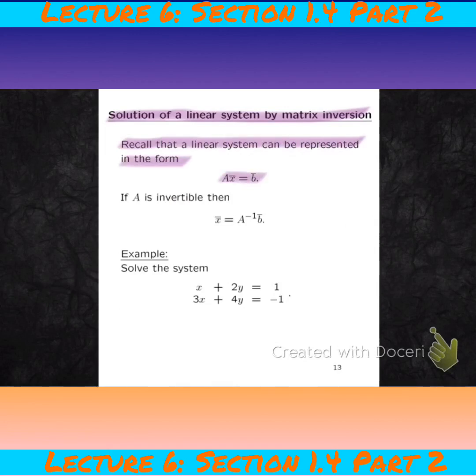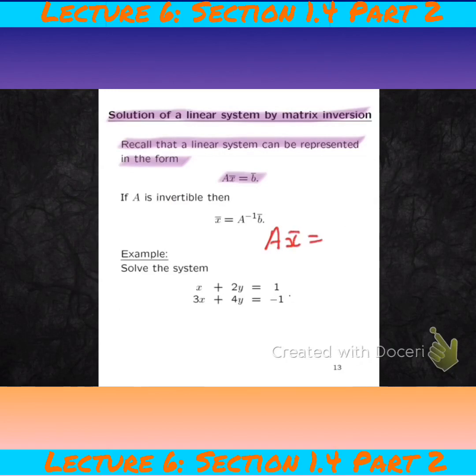Instead of the augmented matrix, you can write a linear system as a matrix equation, where x is a column vector containing all your variables, b is a column vector, and A times the column vector x equals b. And if A is invertible, then this matrix equation can easily be solved.